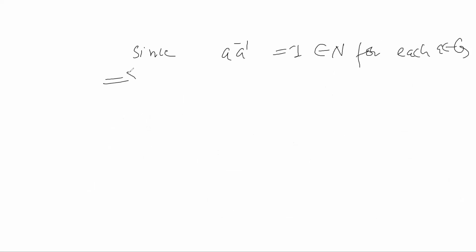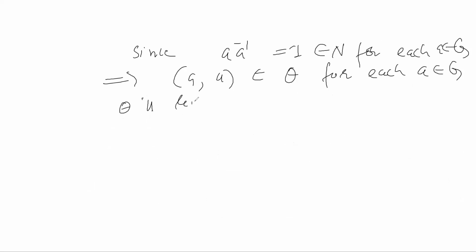Now since a a inverse, which is 1, belongs to N for each a in G, it says that (a, a) belongs to theta for each a in G. So theta is reflexive.